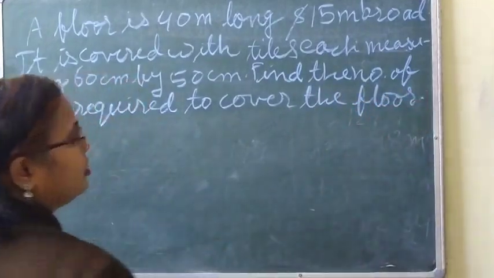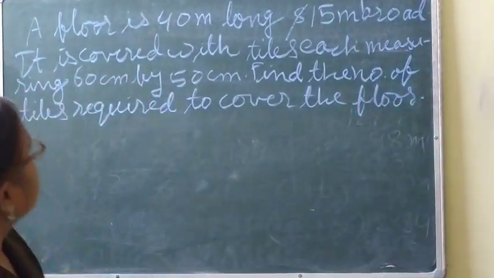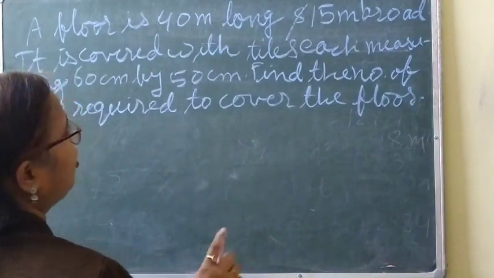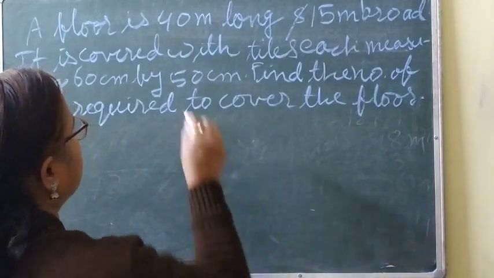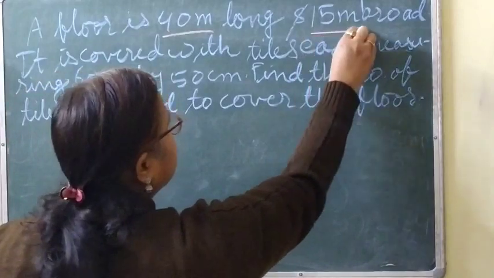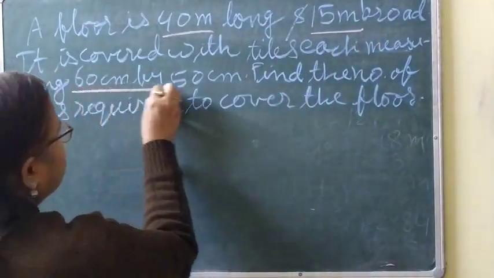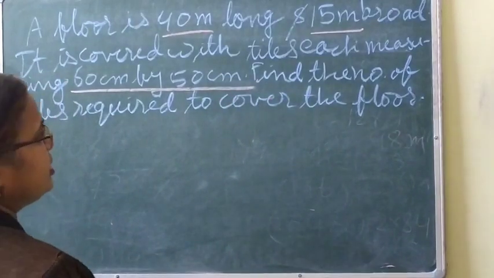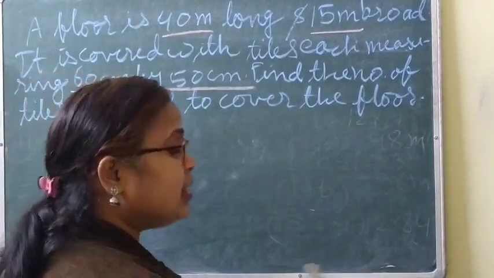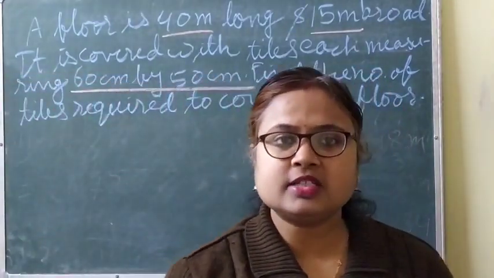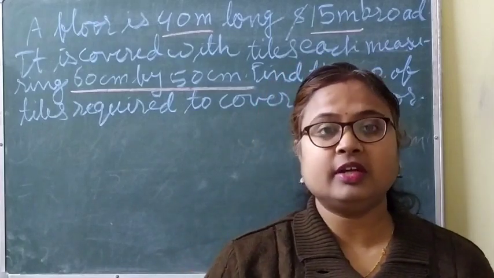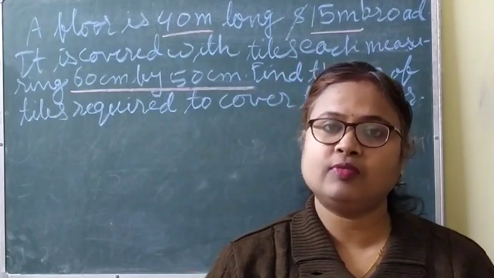So a floor is 40 meter long and 15 meter broad, and it is covered with tiles each measuring 60 centimeter by 50 centimeter. We have to find the number of tiles which can cover the whole floor.